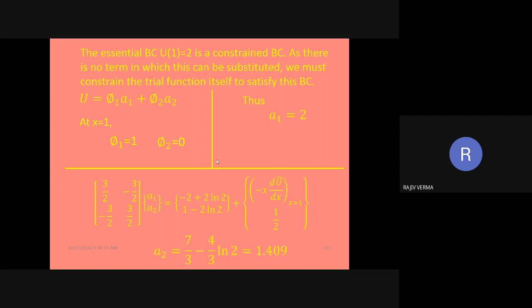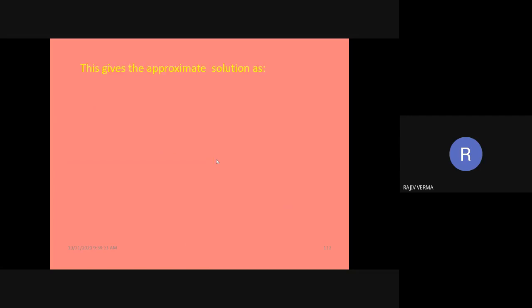So once you get the value of a2, which comes out to be 1.409, you can substitute this value of a2 in the trial function to get the corresponding solution of the polynomial over the entire domain.